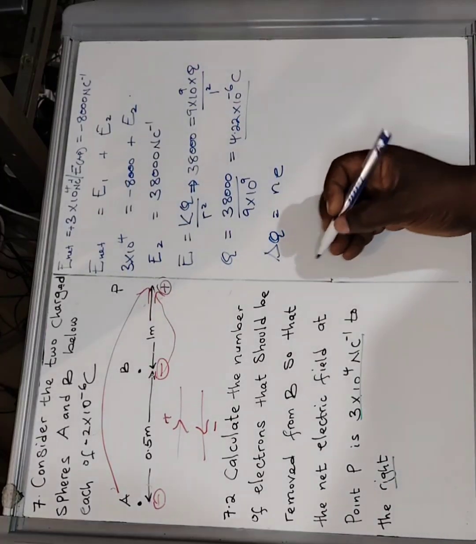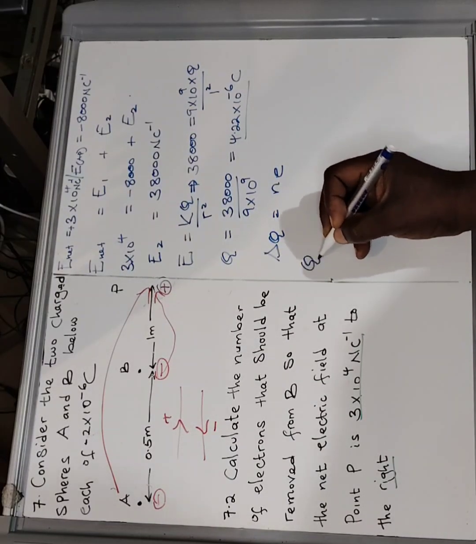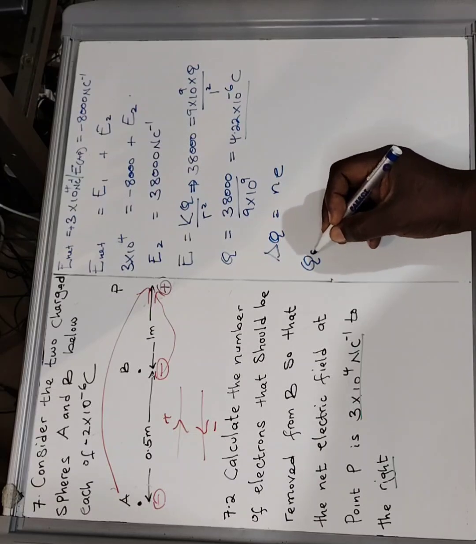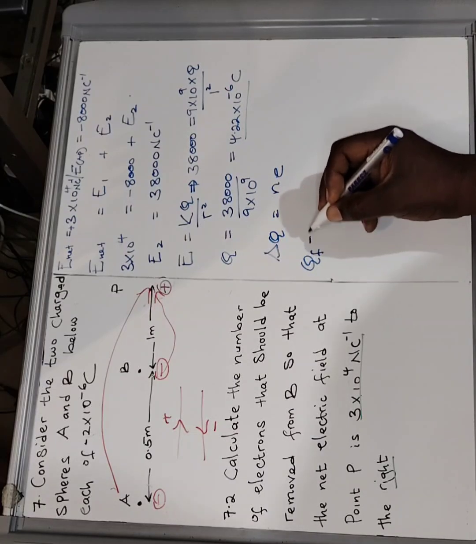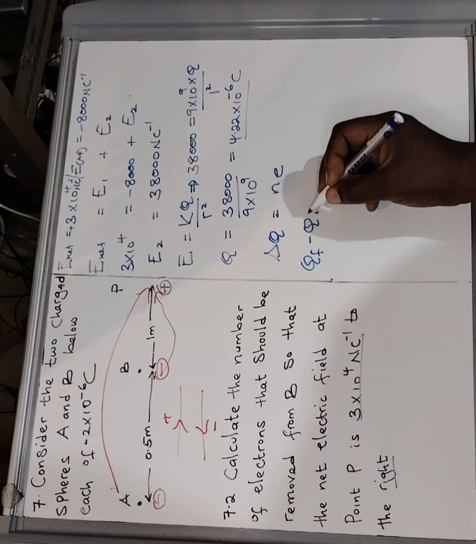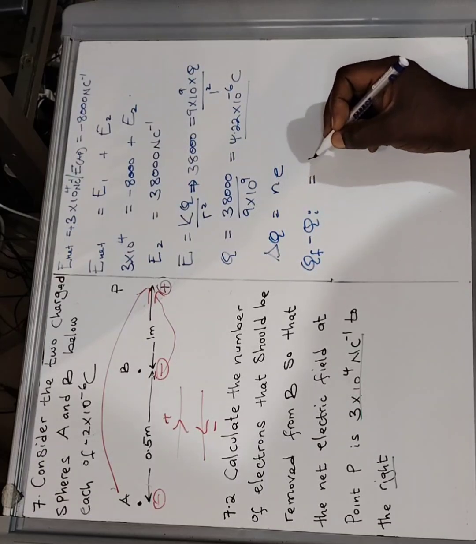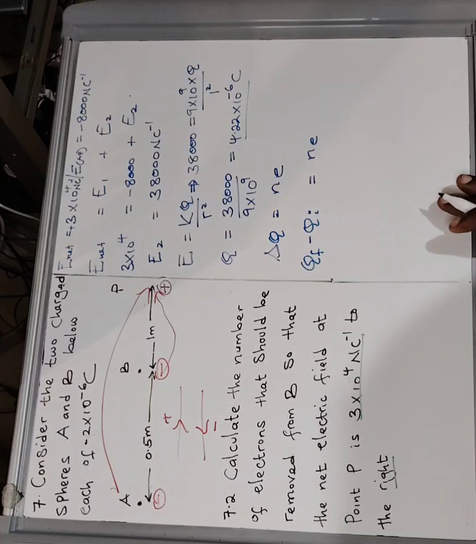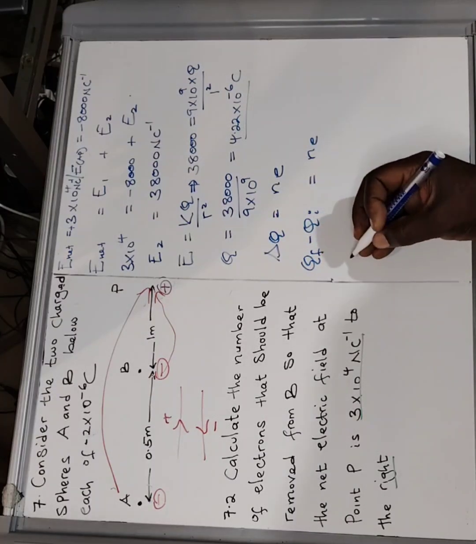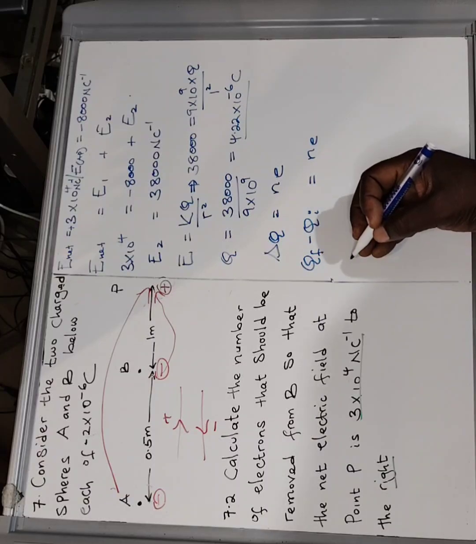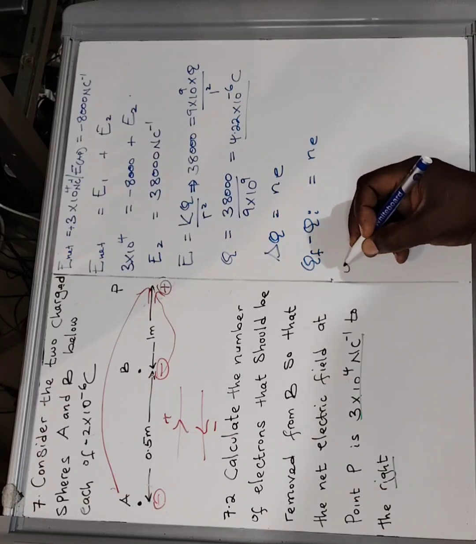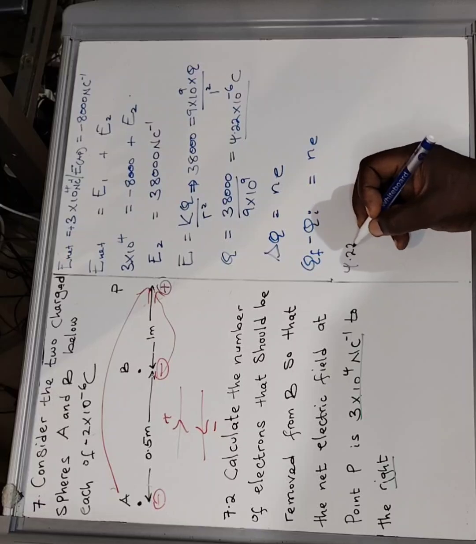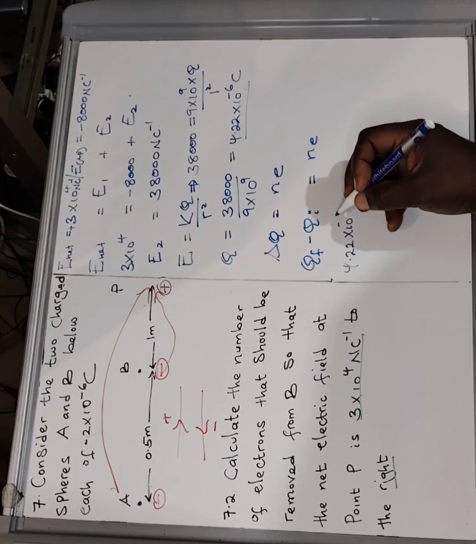We are going to say the charge final minus the charge initial is equal to N E. What is the charge final? We have it here. It is 4.22 times 10 power minus 6.